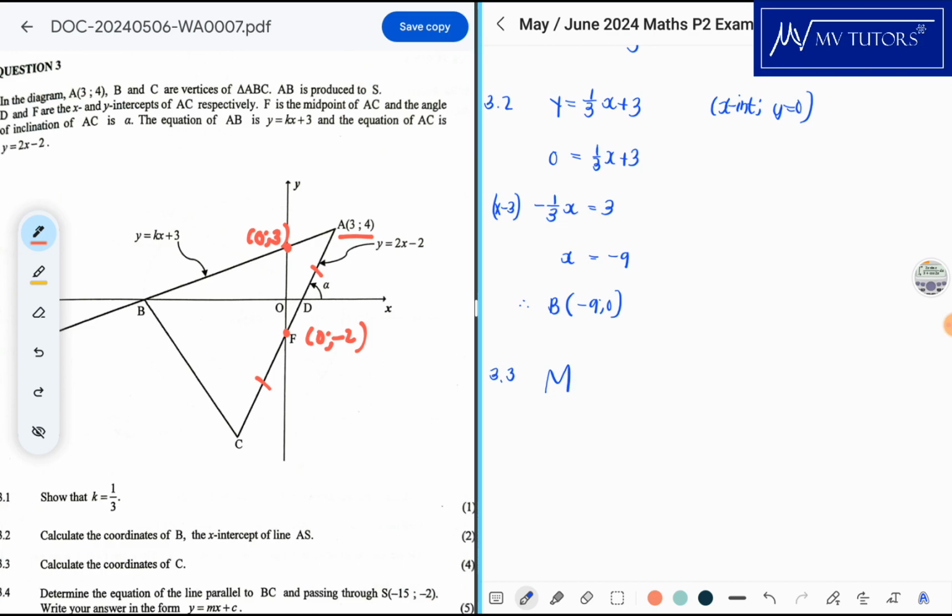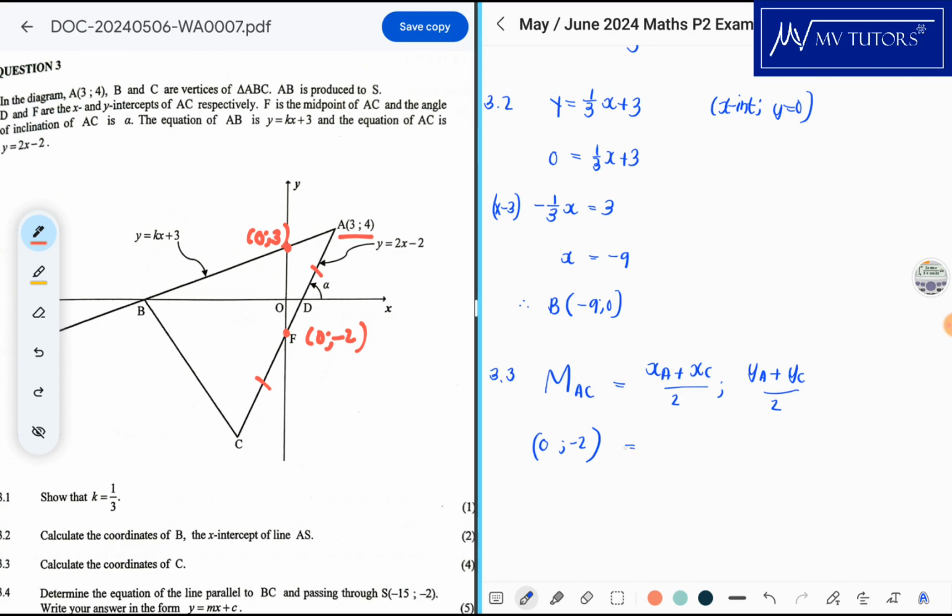So the midpoint of AC, it will be the x-coordinate of A plus the x-coordinate of C divided by 2. We have the y-coordinate of A plus the y-coordinate of C, and we're also dividing that by 2. And we know that halfway, that's where F is, we have (0, -2).